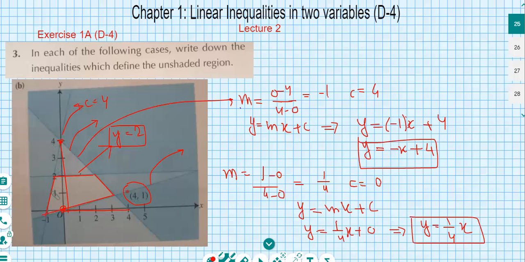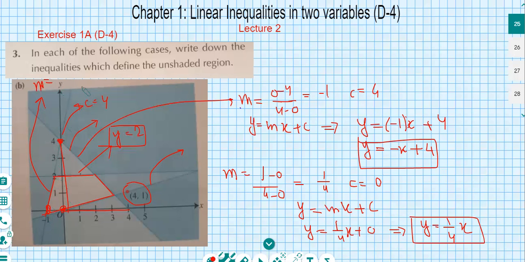Okay, fourth one is this line. As it passes through 4, it means its y-intercept is 4. So what will be the gradient? I'm calculating the gradient here. M is equal to y2 minus y1 over x2 minus x1. So I'm taking 2 points. The first one is negative 1, 0. Second one is 0, 4.